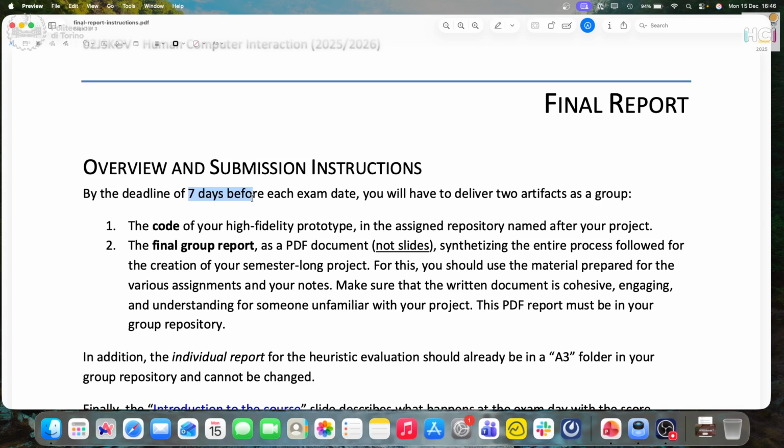But then consider this half an hour. The important thing is just not to overlap with another exam at that moment.